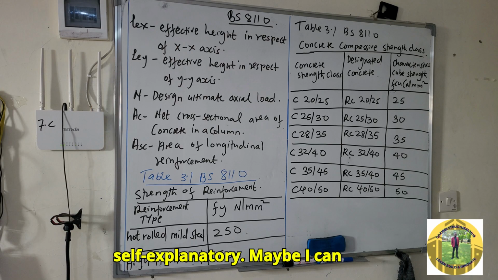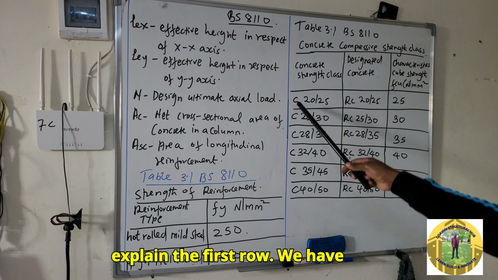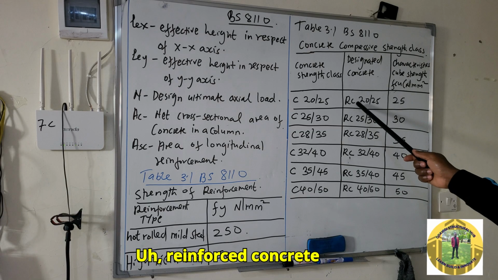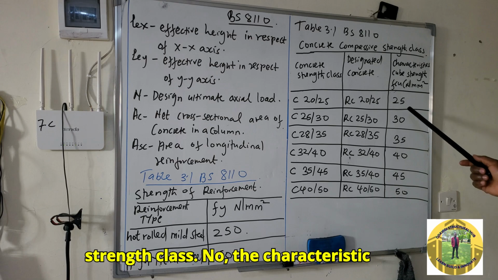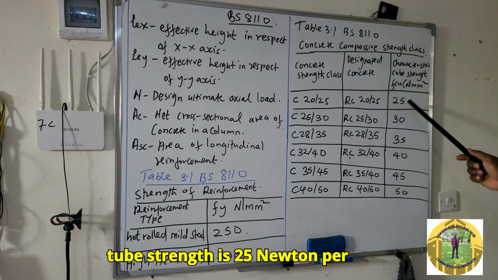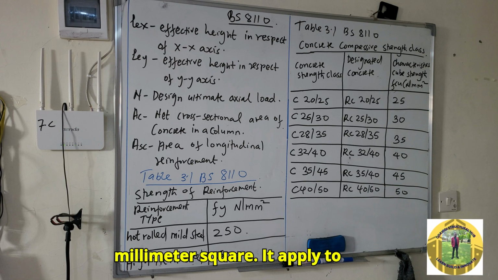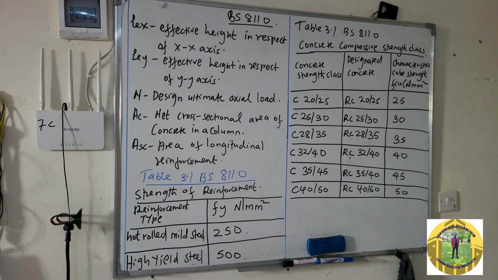This table is self-explanatory, but I can explain the first row. We have class 20/25, reinforced concrete 20/25, so the characteristic cube strength is 25 Newton per millimeter square. It applies to the remaining rows.